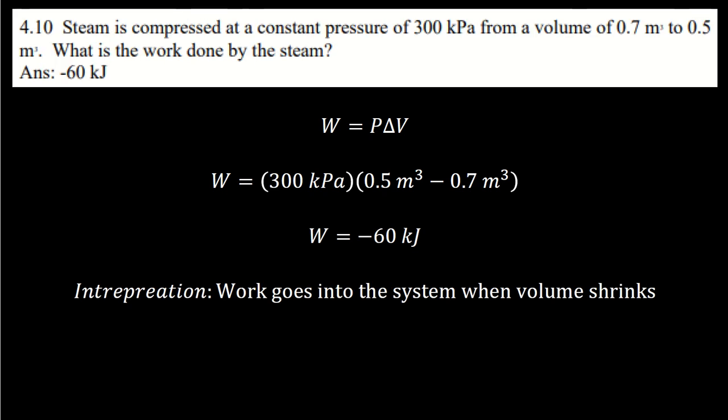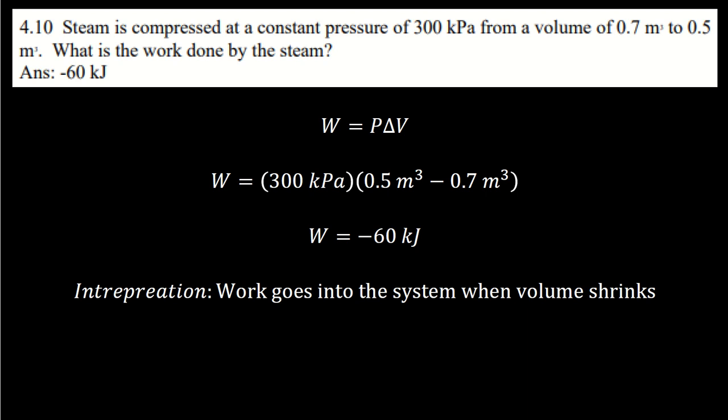On the opposite, let's say steam is compressed at a constant pressure of 300 kilopascals from a volume of 0.7 to 0.5 cubic meters. What is the work done by the system? Again, it's constant pressure, so work equals pressure times the change in volume. What we have is a shrinkage or a negative change in volume, thus work equals negative 60 kilojoules.